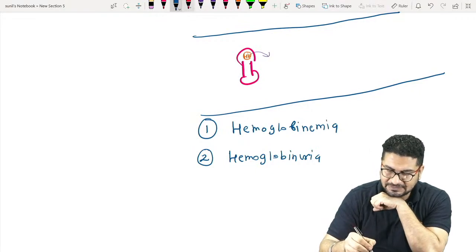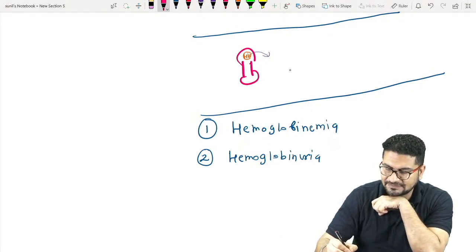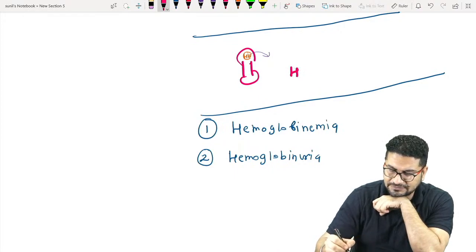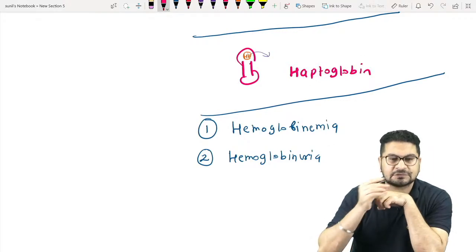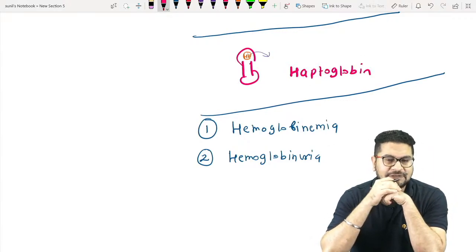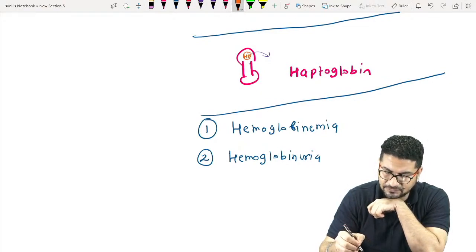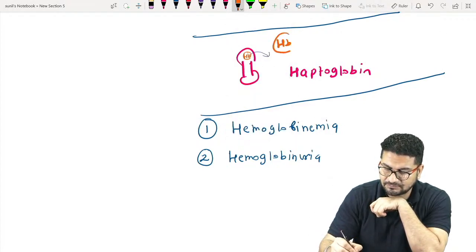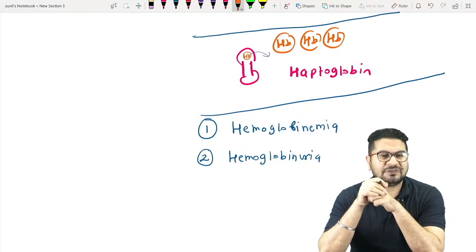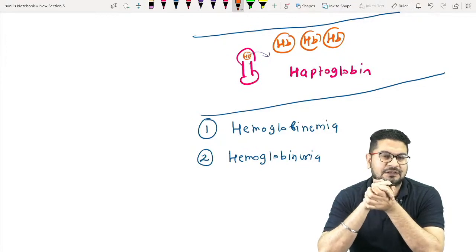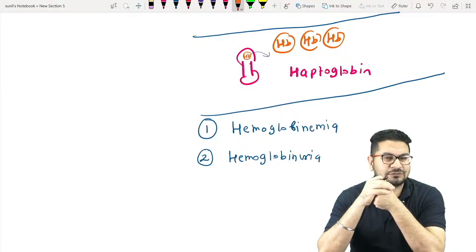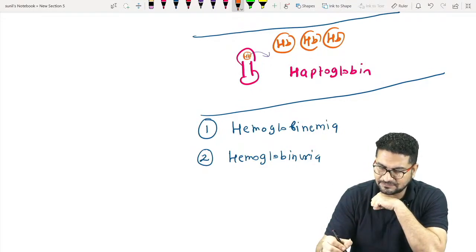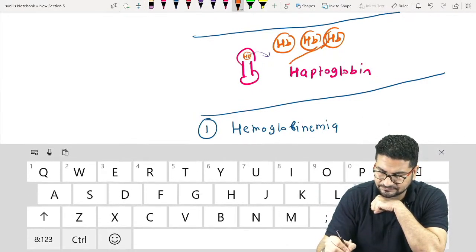So when these RBCs are dying, understand this, there is a protein that takes care of this dead RBC. This protein is called haptoglobin. Suppose too many RBCs are dying, meaning too much hemoglobin is coming out. Haptoglobin will take care of this dead hemoglobin. Let me say we have one haptoglobin for hemoglobin.